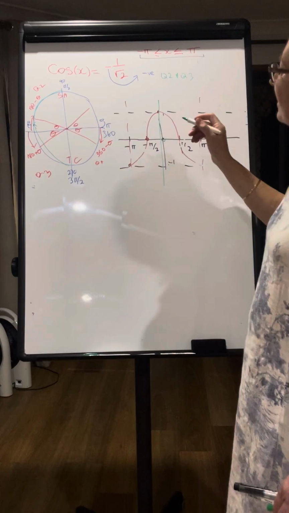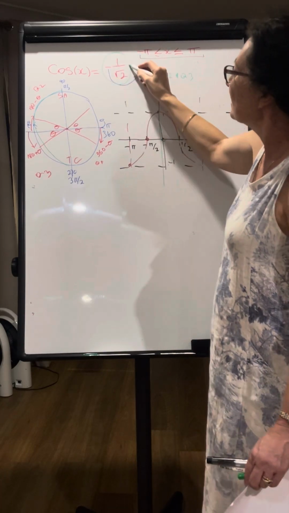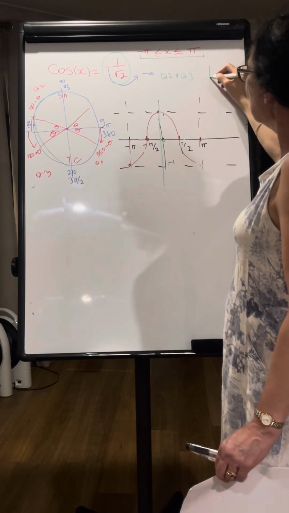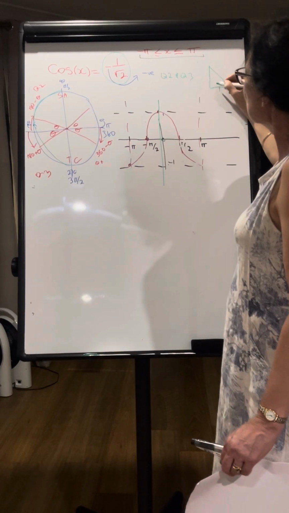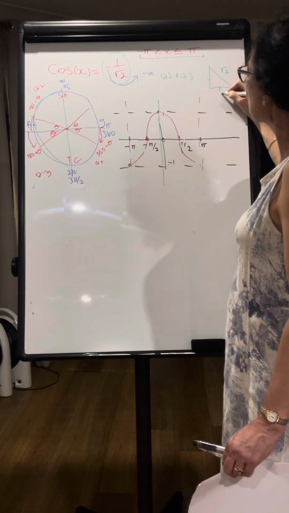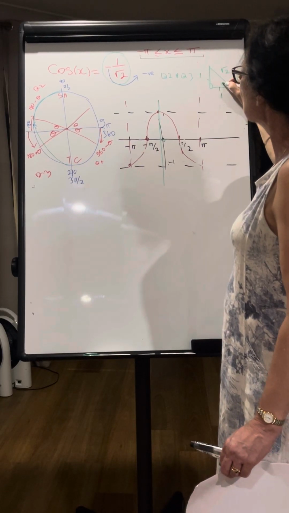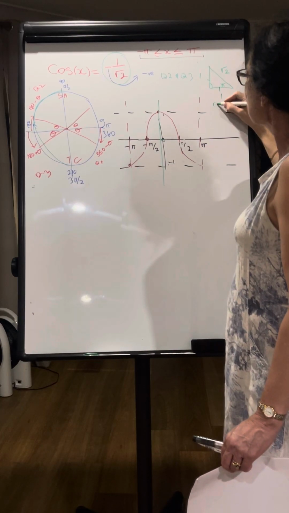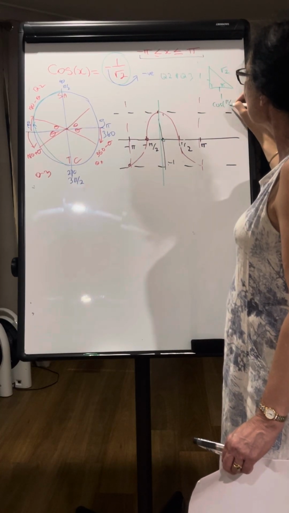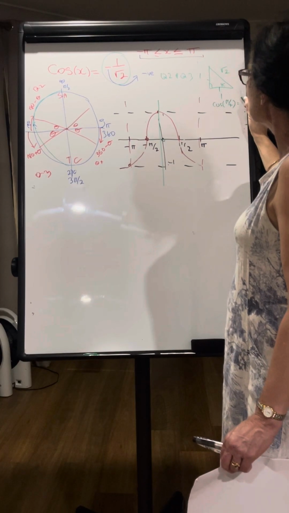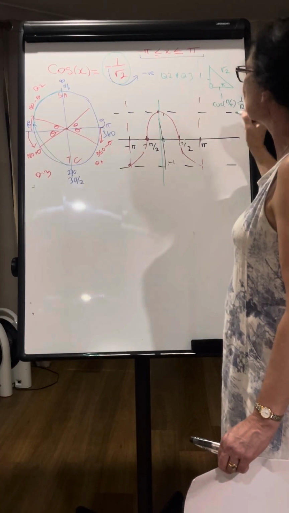So the other thing we need to know is this. We know that root 2 is from this triangle, 1, 1, and it's 45. So we know that cos of pi over 4 is equal to 1 over root 2.